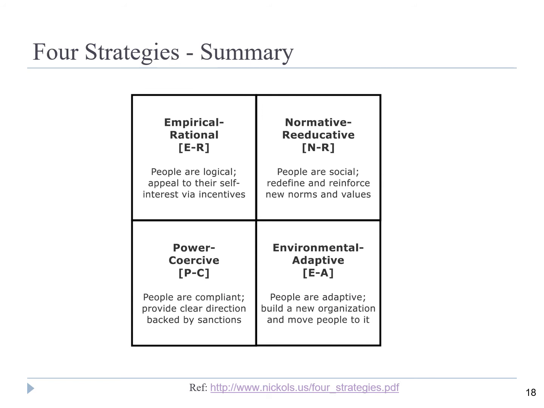Depending on the nature of the change that we are implementing and our assessment of the resistance and the support that we have from our stakeholders, we can choose one of 4 strategies for implementing the change. The first one is the empirical rational approach.